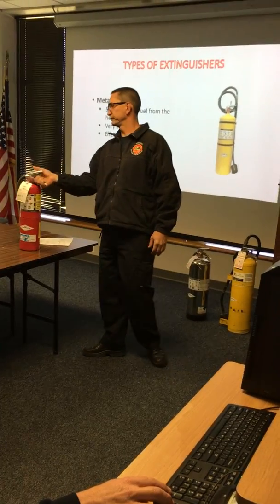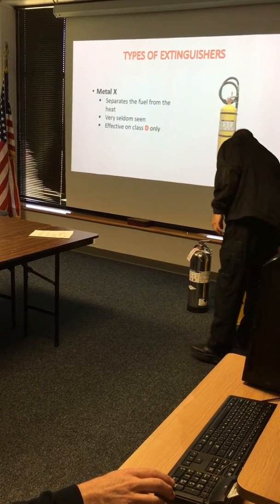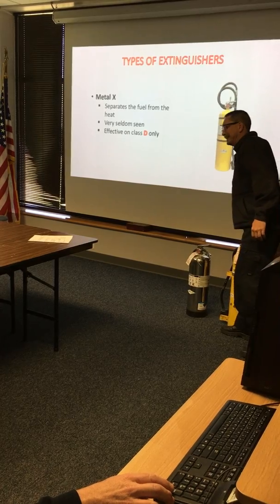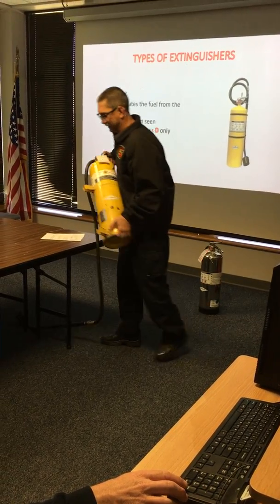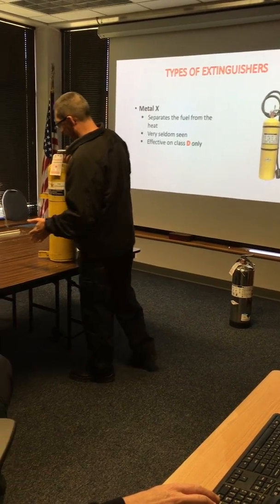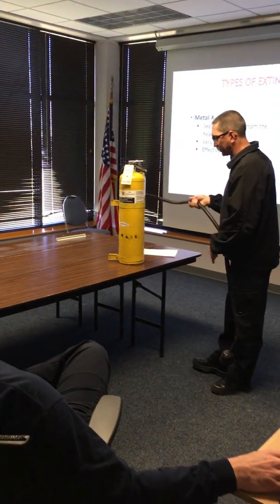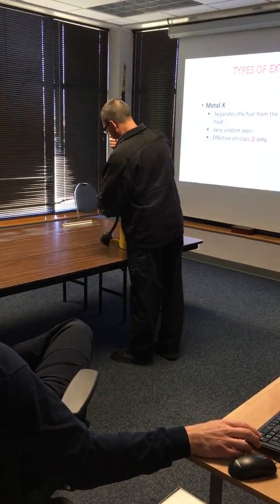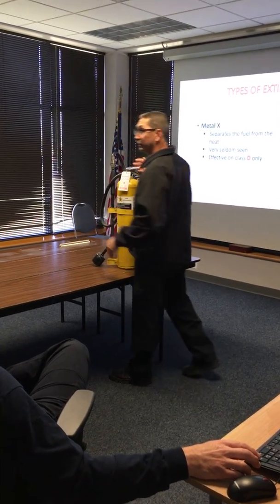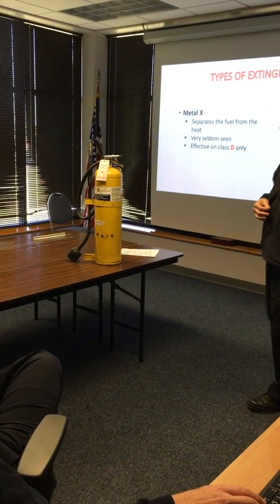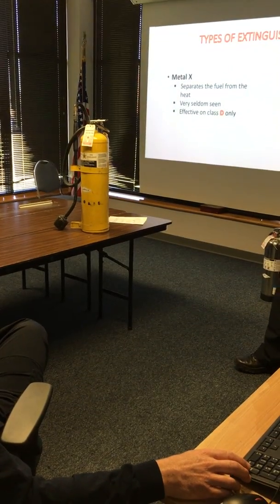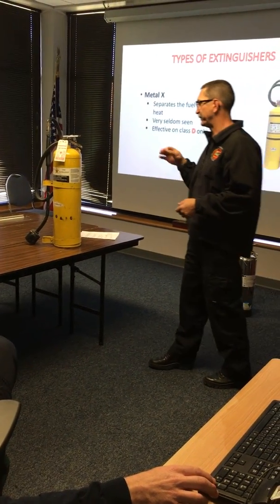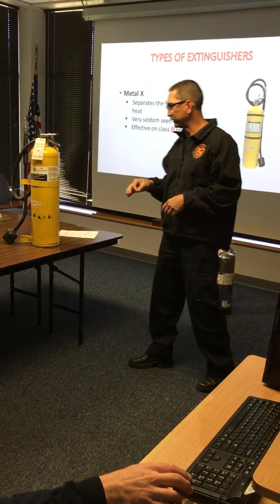Next, very uncommon extinguisher. It's a Class D extinguisher. Very heavy. Most of the times, fire departments will have these. You'll very rarely see these in any type of building except in maybe a specialty shop, a metal shop, or something like that. What this does is separates the fuel from the fire.